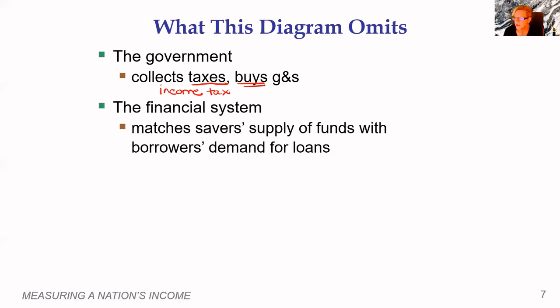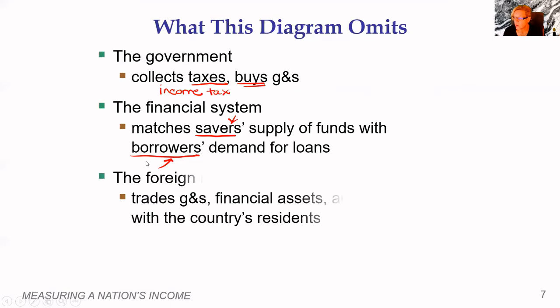We also didn't talk about the financial system. What the financial system does is match savers and borrowers, people who have money to lend with people who need money. We're going to study that in the course as well. We've also totally ignored the foreign sector. If we buy things from other countries, that's an import, because it's products coming into the US.